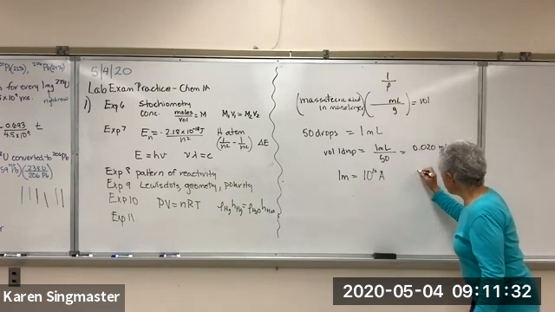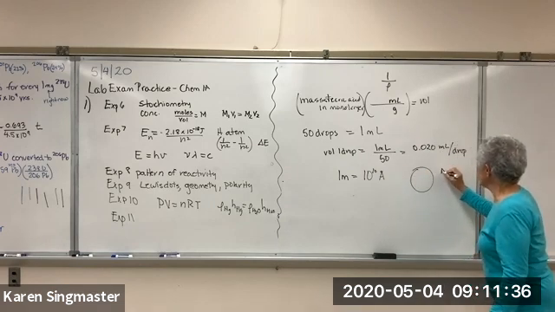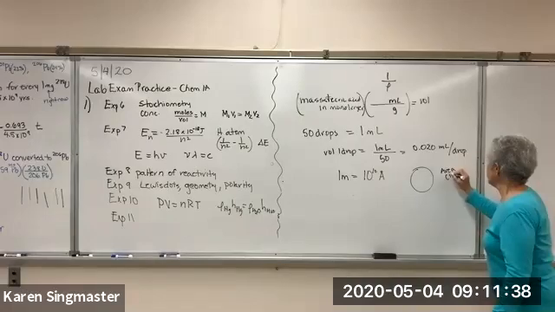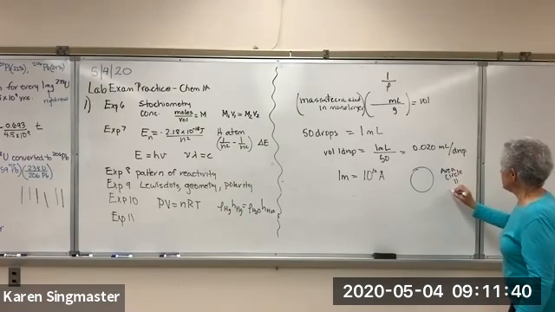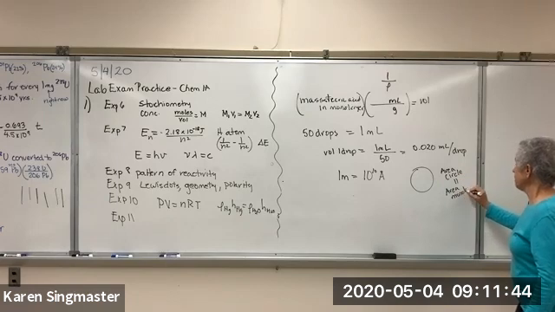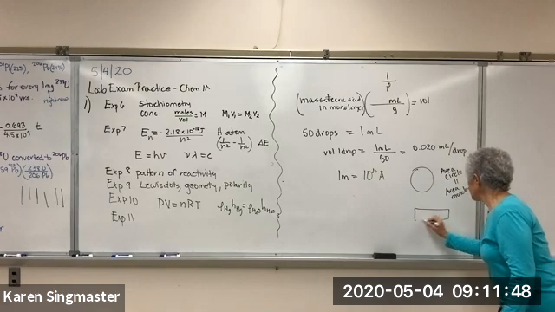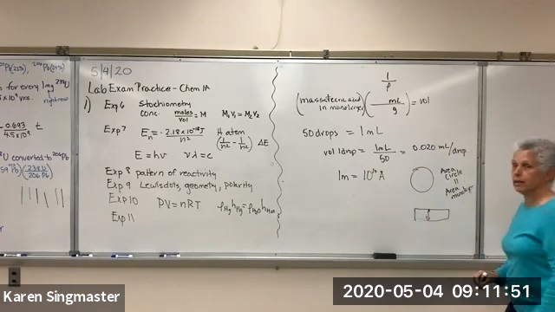You found the area of the circle. Then that equaled the area of your monolayer. And now you have to find the height of your monolayer.